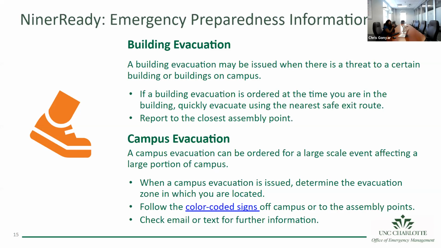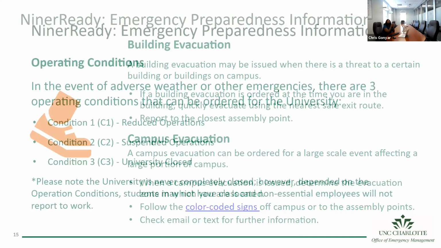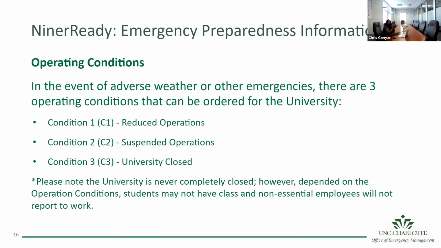But the important thing to realize is that if you're receiving a campus evacuation, just be sure to look at your phone, stay updated for continuing information about which side of the campus is closed, which side of the campus you can't pass, you can't exit from, so that you know exactly where you're going and what you should do.